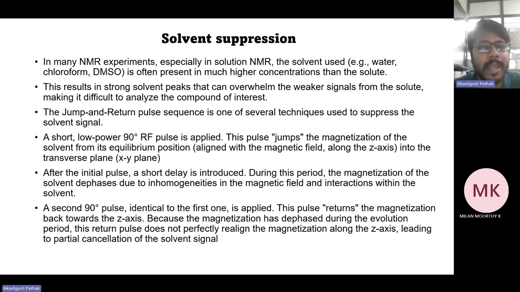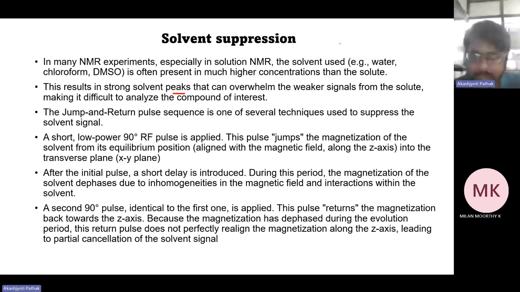In many NMR experiments, especially in solution NMR, a solvent is used, and because it is present in much higher concentration than the solute, it results in strong solvent peaks that can overwhelm the weaker signals from the solute, making it difficult to analyze the compound of interest. Okay.